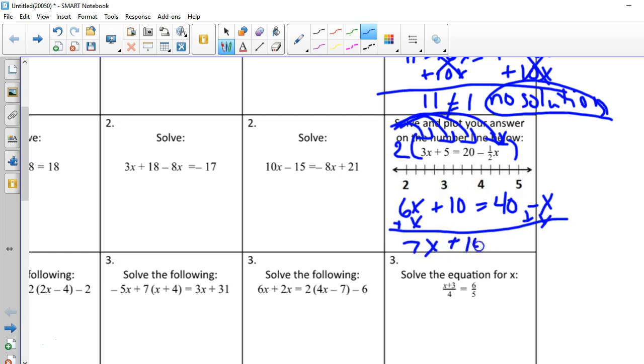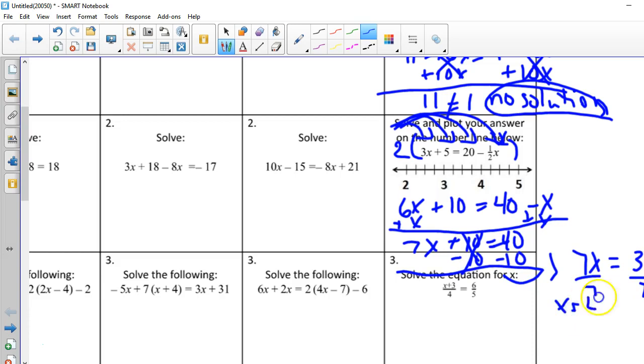That gives me 7x plus 10 is equal to 40. Subtract 10 from both sides to eliminate the constant term from the left, and you get 7x is equal to 30. Divide both sides by 7, and you get x is equal to 4 2/7, or you can leave it as 30 over 7.